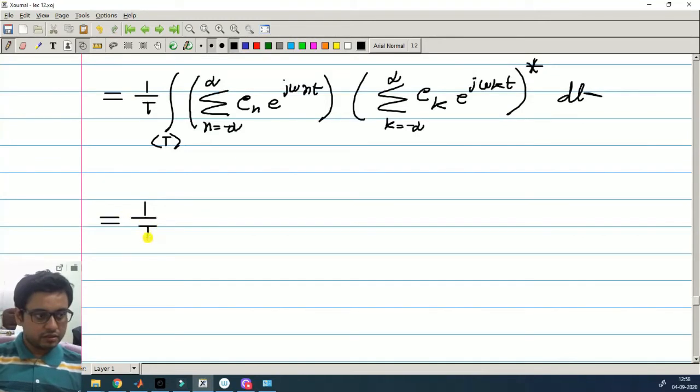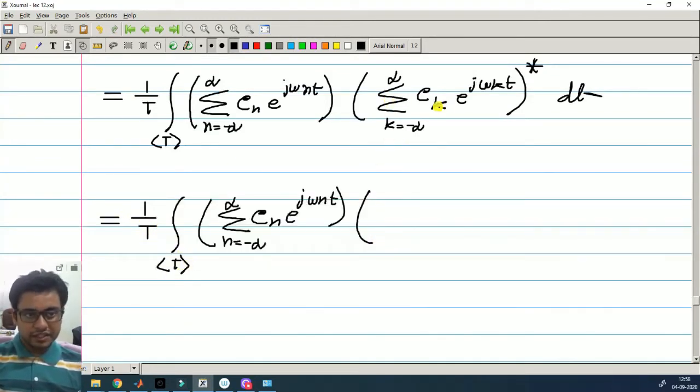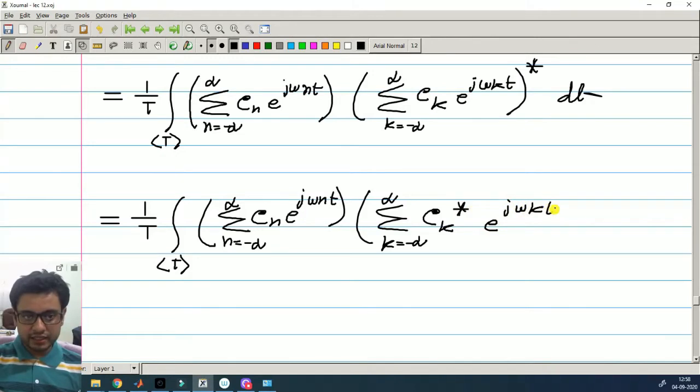Next, here, because of this conjugation, I will write it as summed over k equal to minus infinity to infinity, Ck star and e to the power j omega k t will become e to the power minus j omega k t.